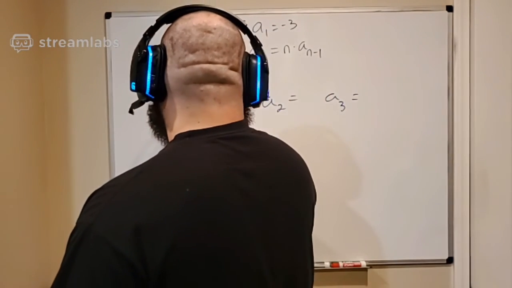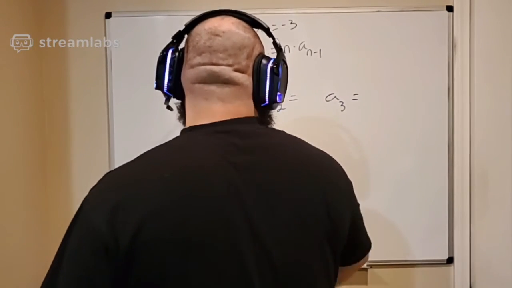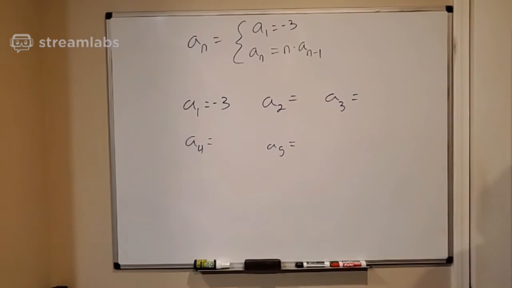How am I going to find those? Quite clearly it's going to be the bottom one, because the top one only gives me a sub 1. So in that bottom term, we have a sub n is equal to n times a sub n minus 1. What does a sub n stand for? It's our generic term, so it represents any other term.